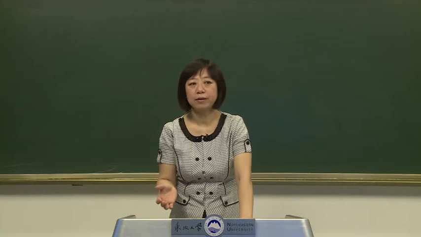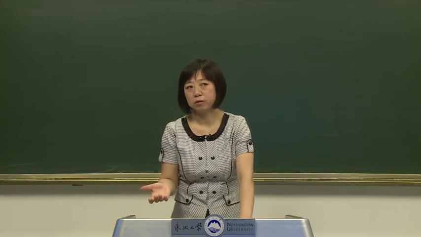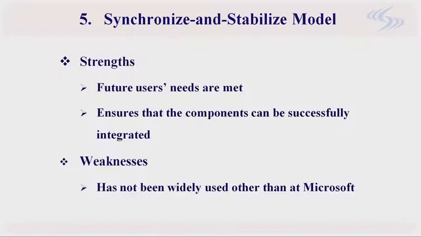So now it's fine, no touching anymore. The strength of this model is that future users' needs are met, and it ensures that the components can be successfully integrated. Well, the truth is that this model is not widely used other than at Microsoft. So this is the synchronize and stabilize model.